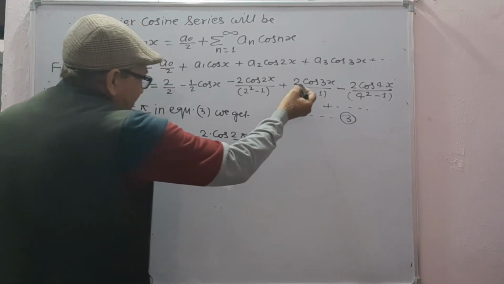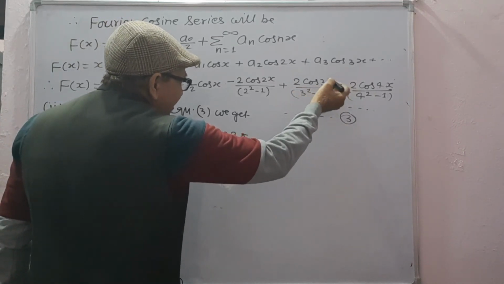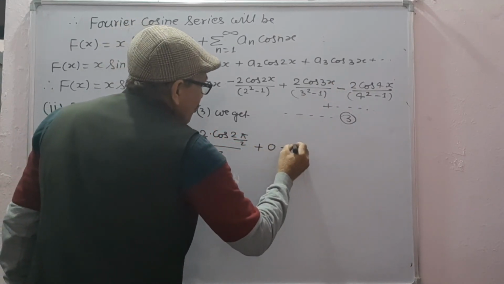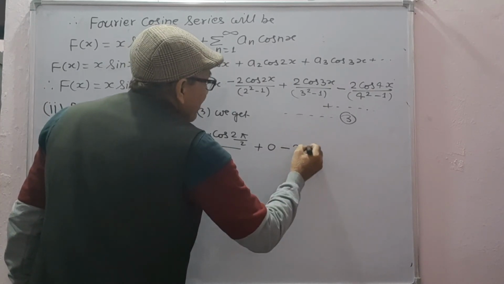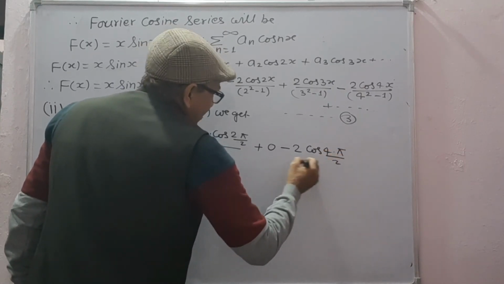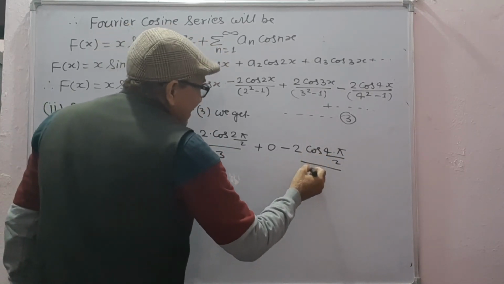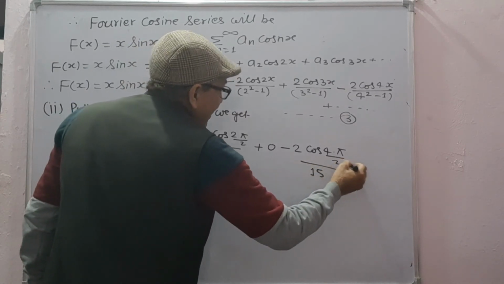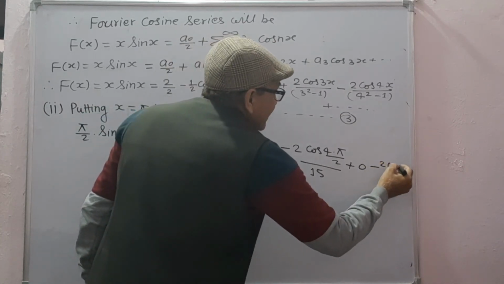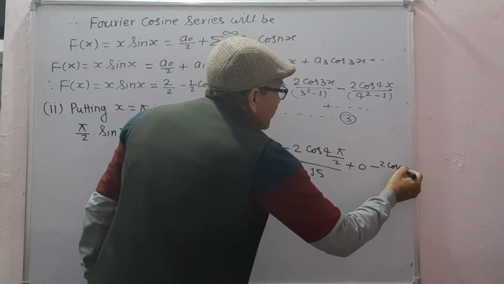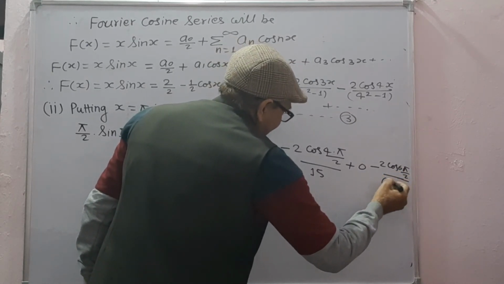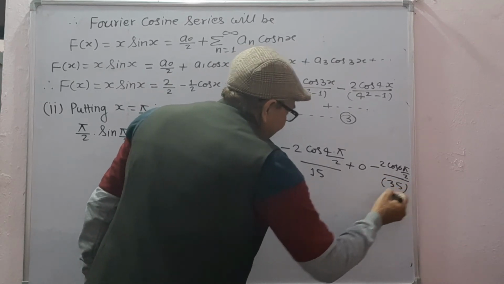Here 2 cos 3 pi by 2 becomes 0, odd pi by 2 is 0, minus 2 cos 4 pi by 2 upon 4 square, meaning 16 minus 1, 15, again 0, minus 2 cos 6 pi by 2 upon 36 minus 1, meaning 35, and so on.